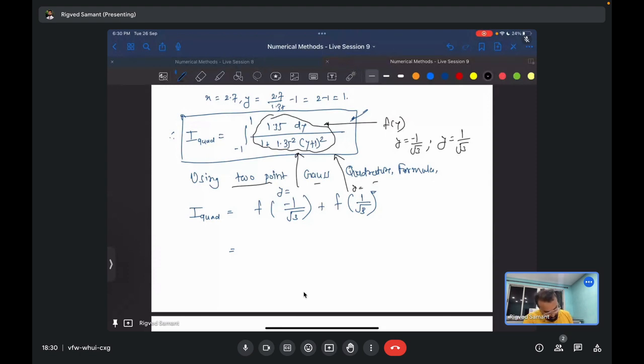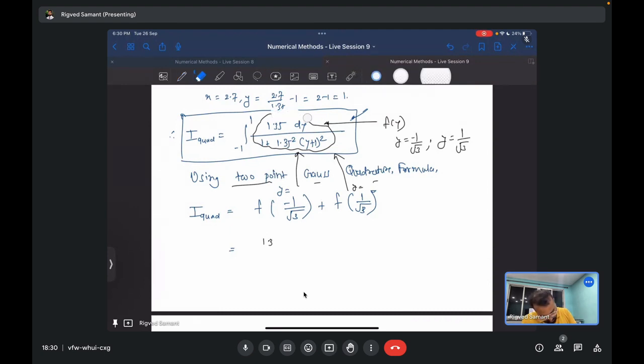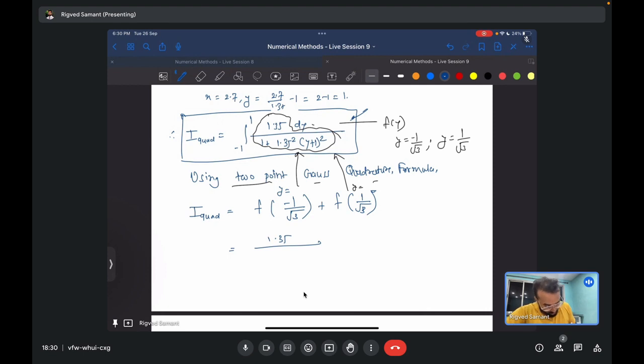So, 1.35 divided by 1 plus 1.35 square, minus 1 by root 3 plus 1 bracket square, plus 1.35 divided by 1 plus 1.35 bracket square, 1 divided by root 3 plus 1 bracket square.